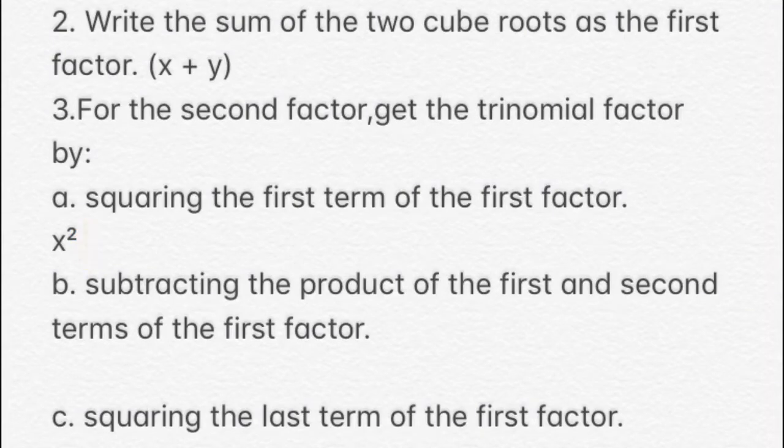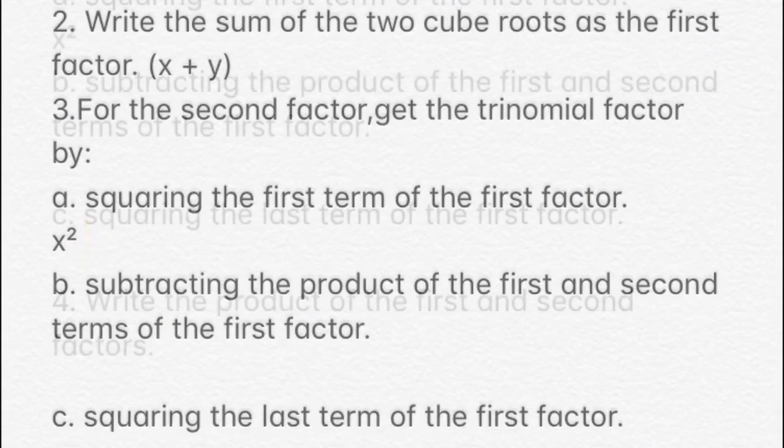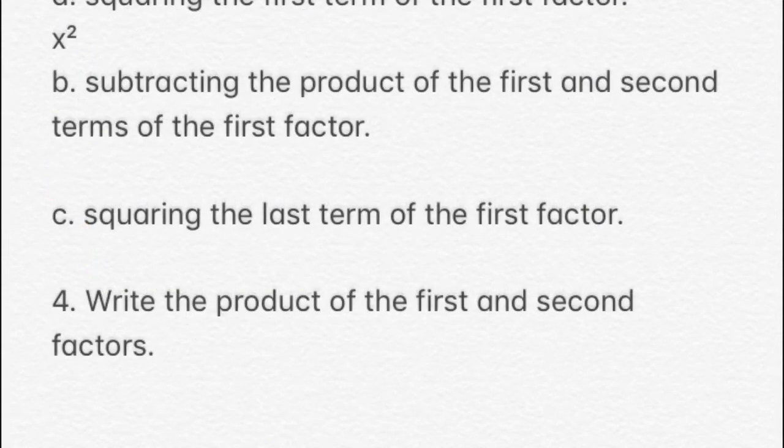Then for the second term, we're going to subtract the product of the first and second terms of the first factor. The first and second terms are x and y, so the product of the two is x times y. So we subtract, we're going to have minus xy.